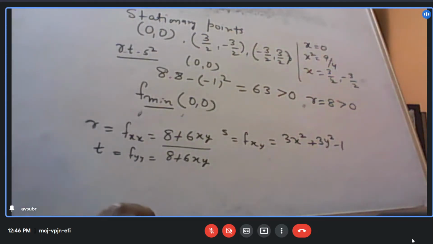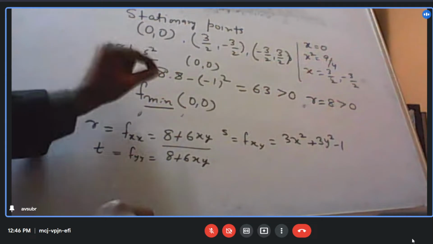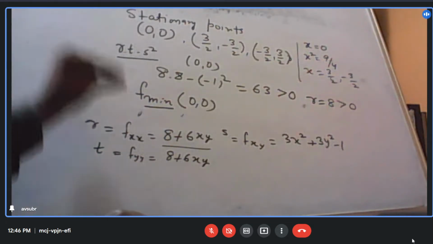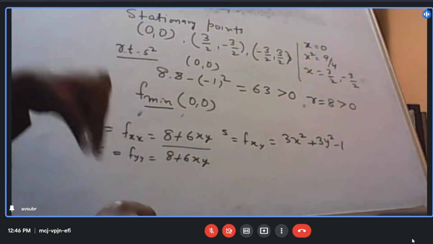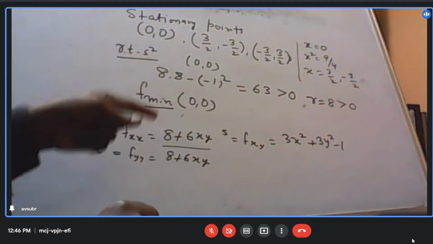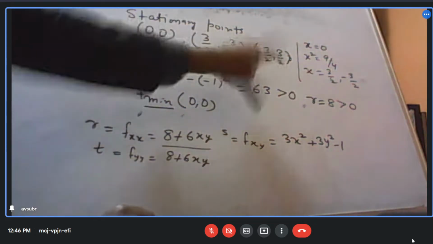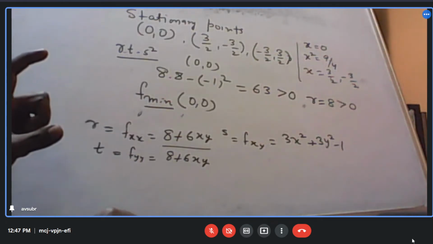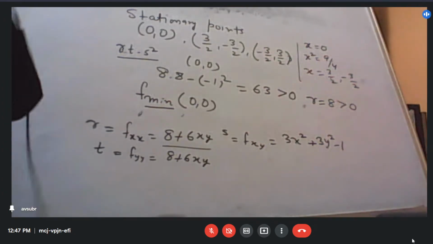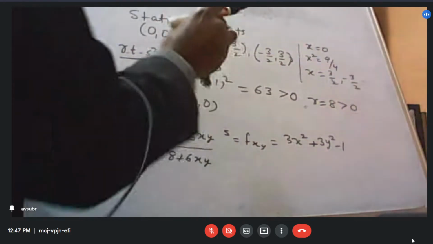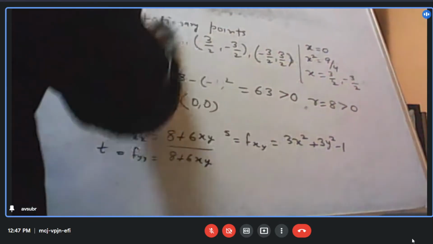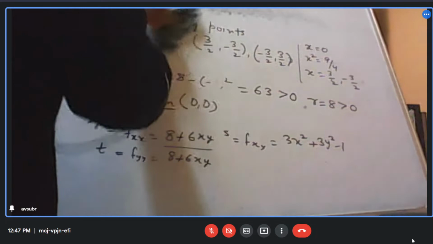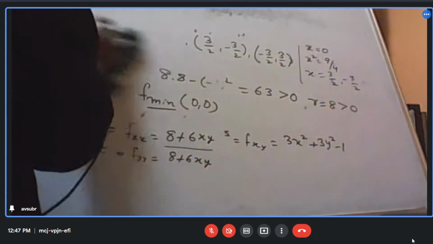So we have found out that at 0, 0 the value of the function is minimum. This is clear up to this. The next is that we have to find out now at 3 by 2 and minus 3 by 2.